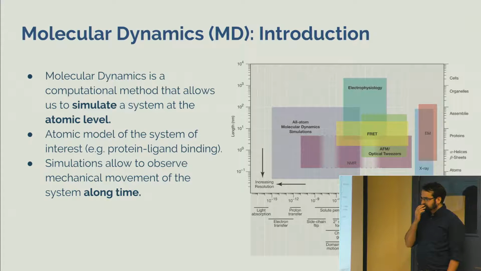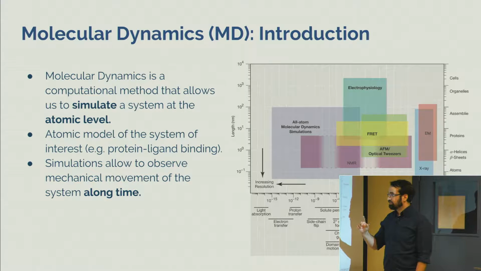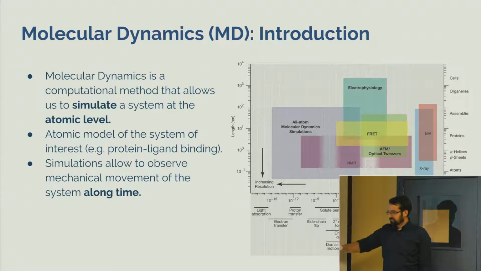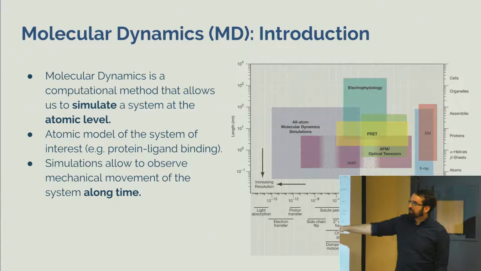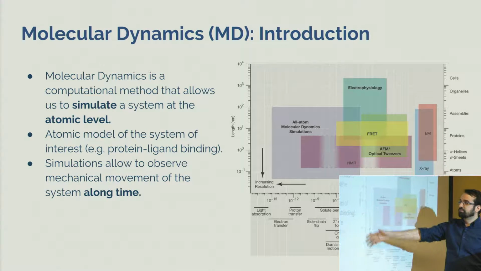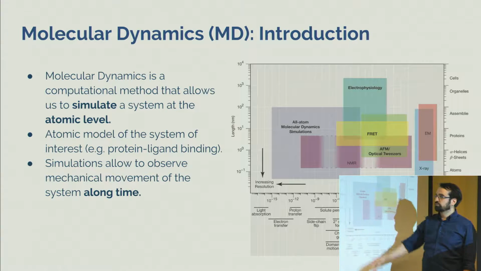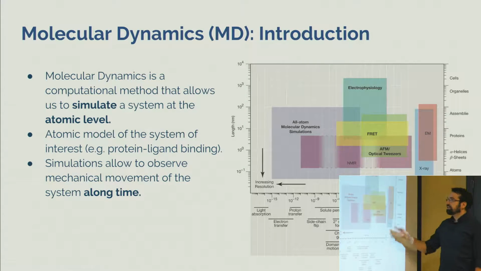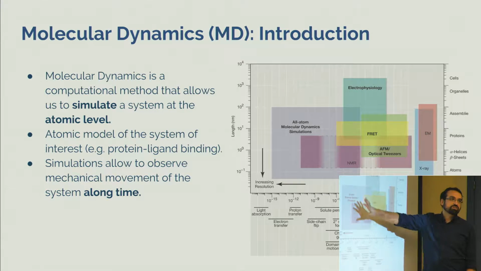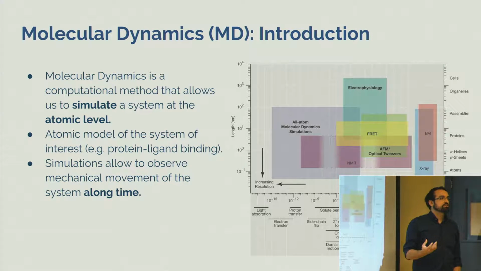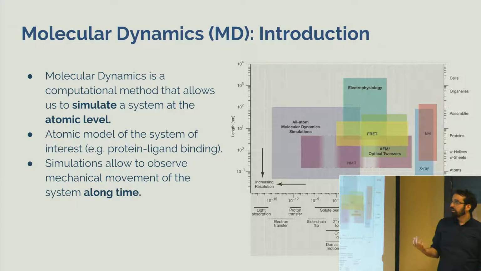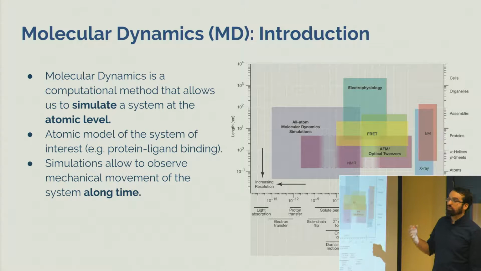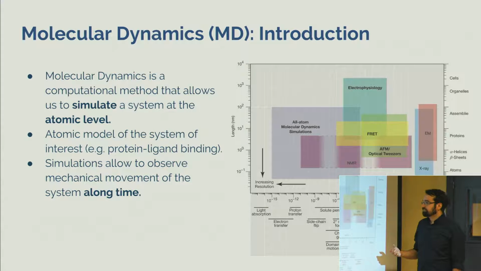One important thing here to give you a general picture is that we have the size of the system, the size of what you're trying to study, and the time scale of what you're trying to study. And you have here a collection of biophysical techniques that are used experimentally to study atomic behavior, atomic dynamics, or atomic structure.